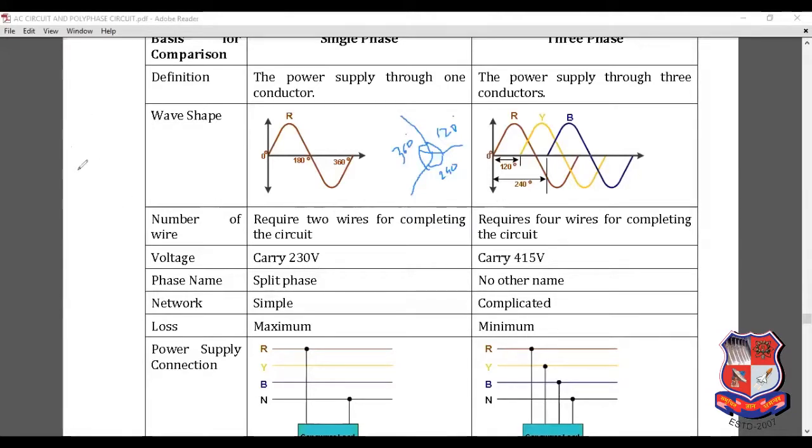There is one equation: theta electrical is equal to P by 2 into theta mechanical. Now this P stands for number of poles. Theta E means electrical angle, and theta M means mechanical angle.